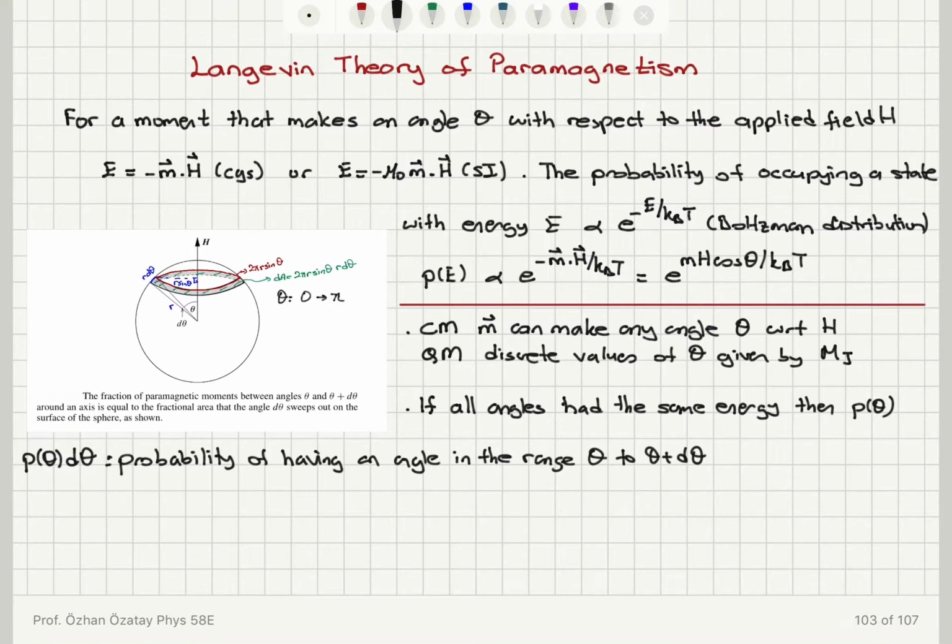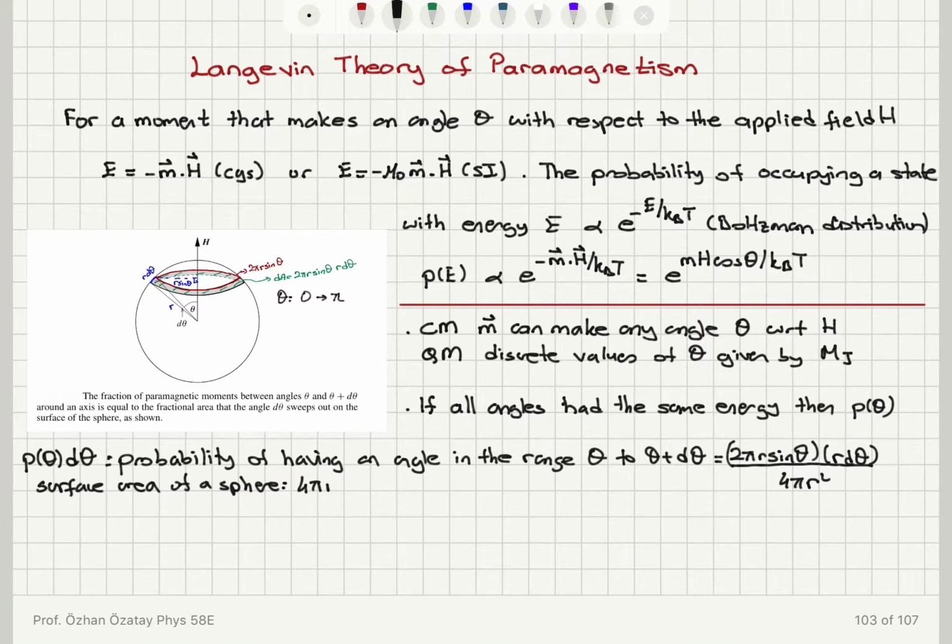So this would give me 2 pi r sine theta multiplied with r d theta divided by 4 pi r square, that is the surface area of a sphere where I can have all possible angles.